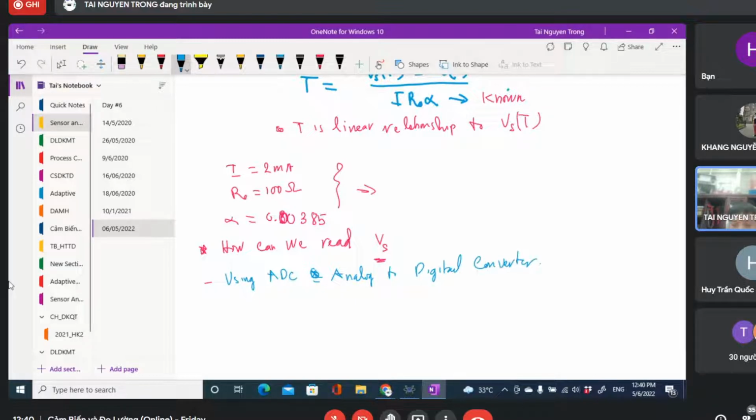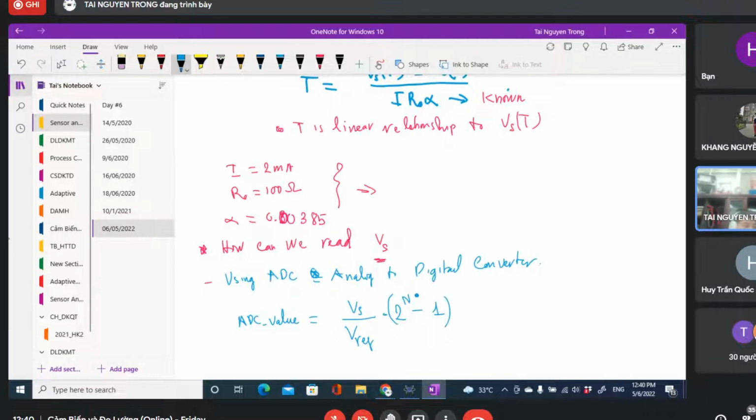The ADC value equals Vs divided by V reference, multiplied by 2 to the power n minus 1. It depends on the number of bits of the ADC.